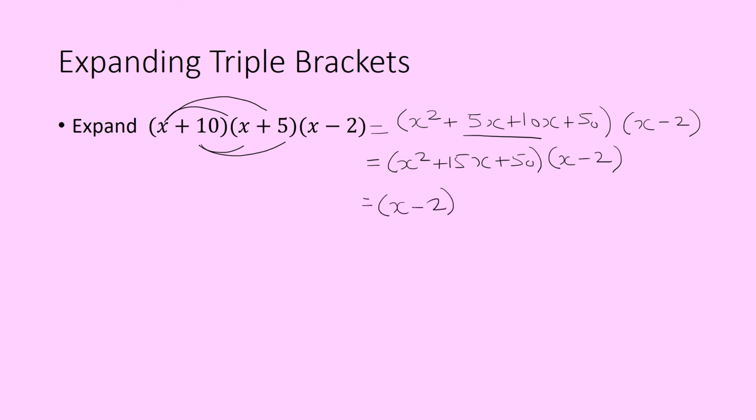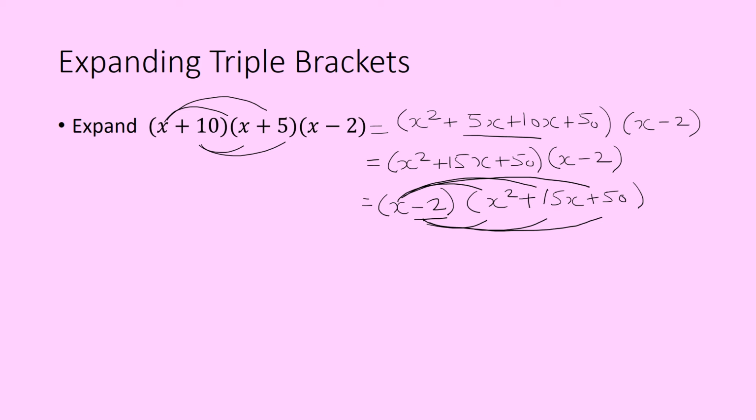It doesn't matter which order we do the multiplication in, it just makes it a bit easier when we expand it for the next step. So now I'm going to expand it. Again, I've got two sets of brackets and I'm going to multiply everything by x and multiply everything by the minus 2. This is where you need to be really sure about your multiplications with negative numbers.